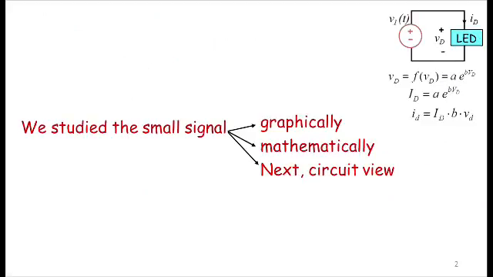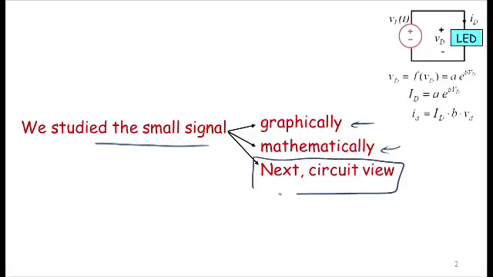Finally, before we move on to seeing how we can build circuits using this method, what we've done so far is we've introduced the small signal method, and I've shown you how to view it graphically and mathematically. So as a next step, I'm going to talk about circuits. As we've been doing throughout this course, I give you the conceptual understanding using either graphics or other forms of conceptualization.